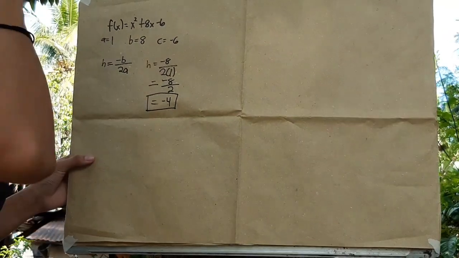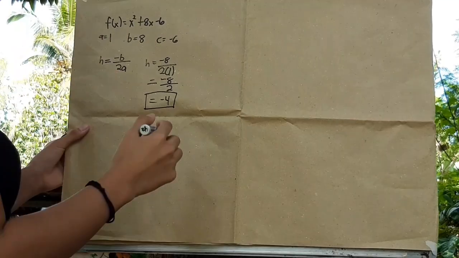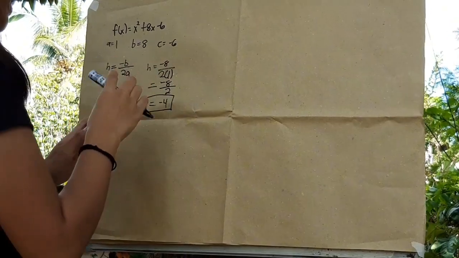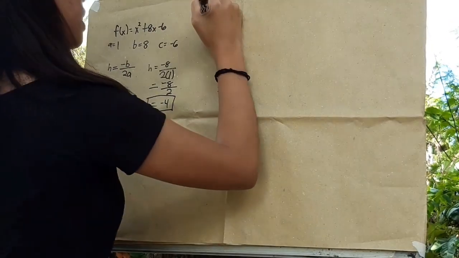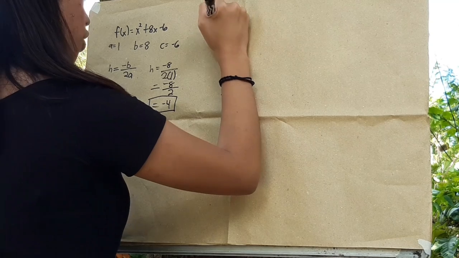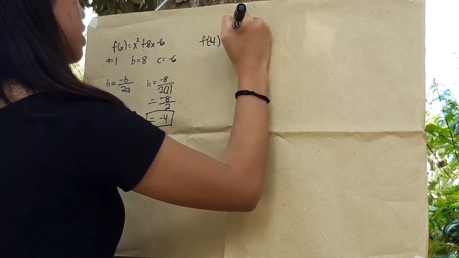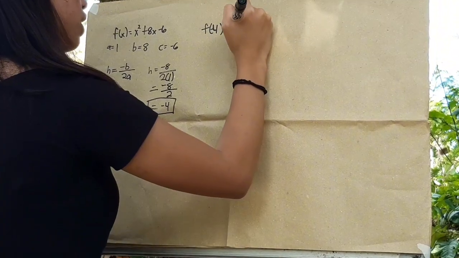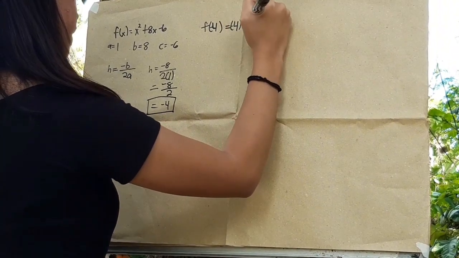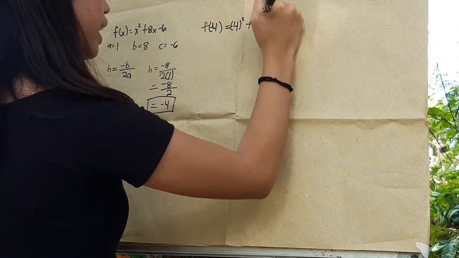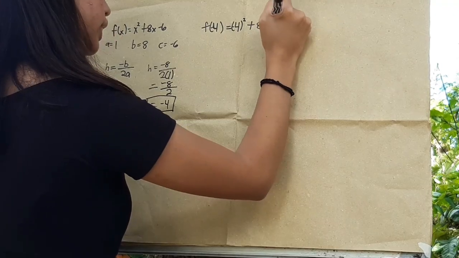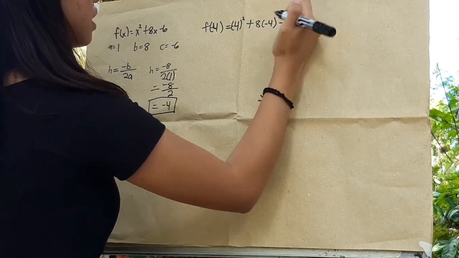Next, substitute the x into the function. So f of negative 4 equals negative 4 squared plus 8 times negative 4 minus 6.